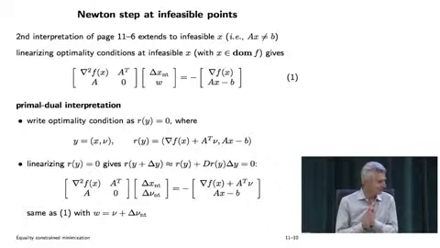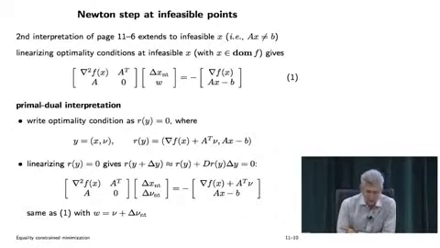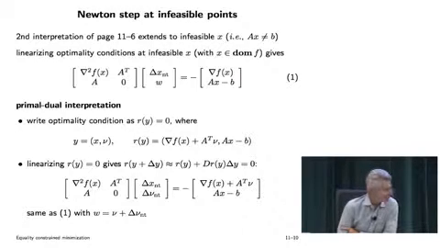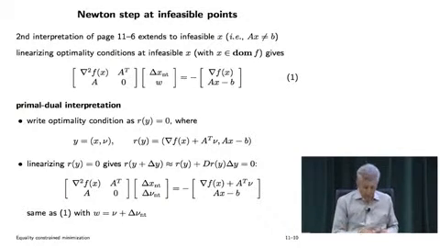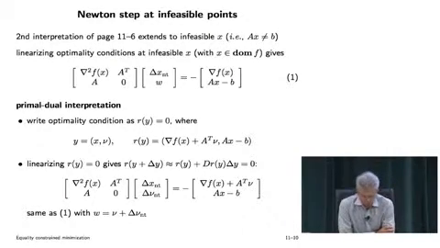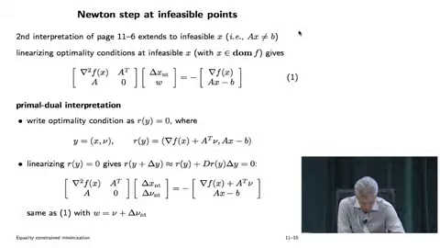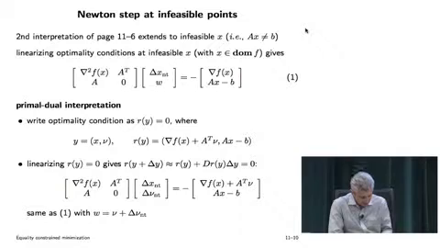Now we're going to talk about something that's different. And honestly, this is maybe the more useful one, and this is actually the more modern one. So here it is. It's the idea of a Newton step at an infeasible point. The basic idea is that you write down the residual, and that's in R^(n+p).